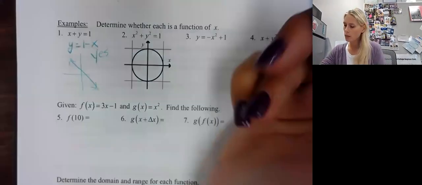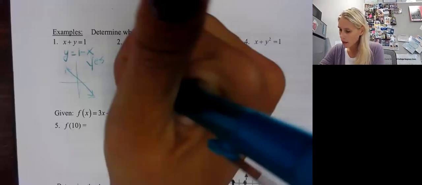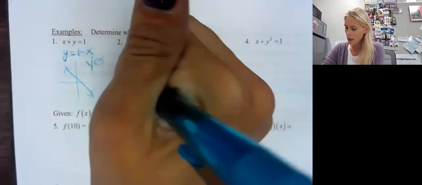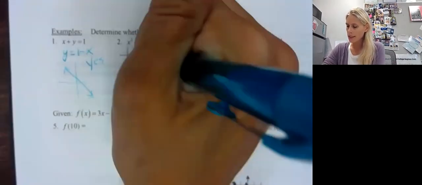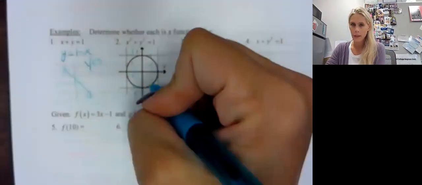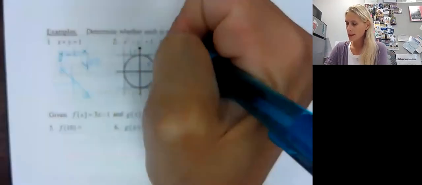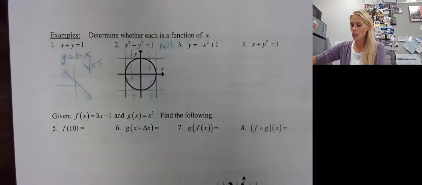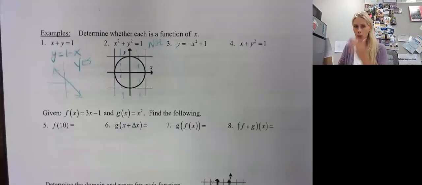Now the next one, luckily the graph is right there. And if we do our vertical line test, we go through it twice. So that is not a function. Now what I want you guys also to notice is the exponents, okay?